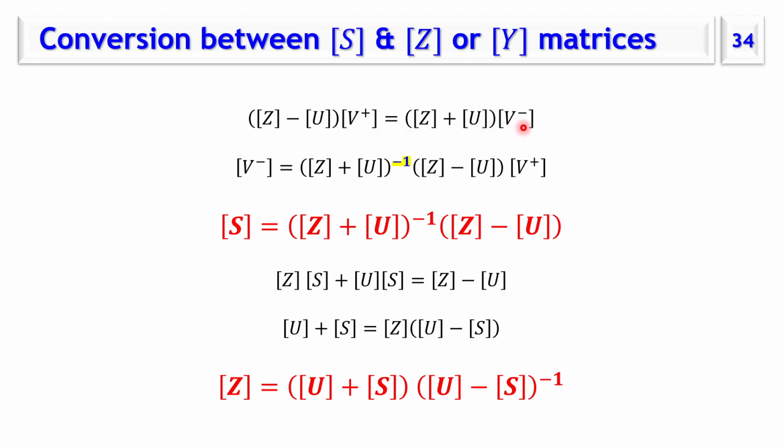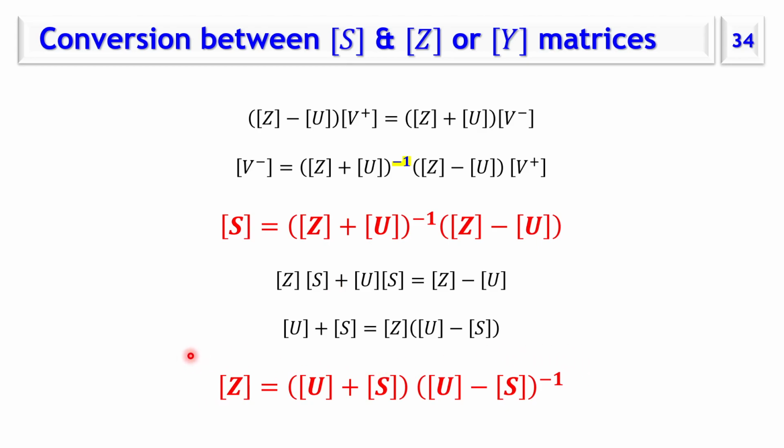So for the V minus here, we just multiply both sides by the inverse of this matrix. So the inverse of this matrix multiplied by Z minus U will equal the S matrix, because V minus will equal Z plus unity to the power minus 1 multiplied by Z minus unity, and we can show that Z will equal this expression.